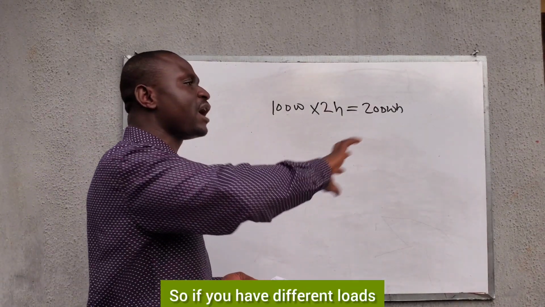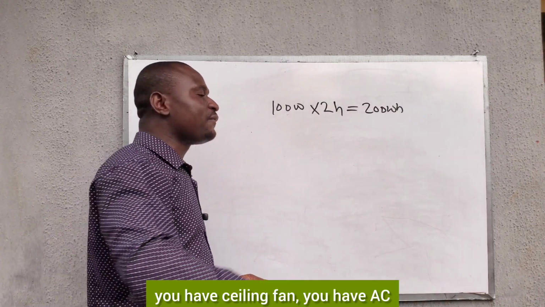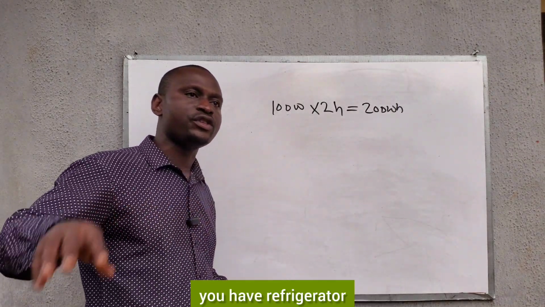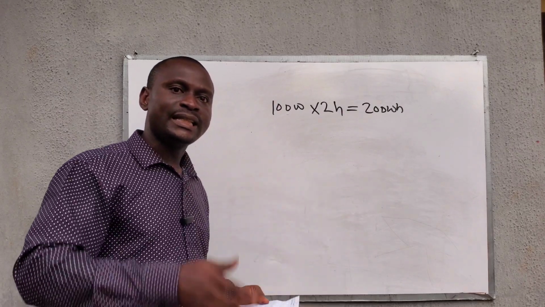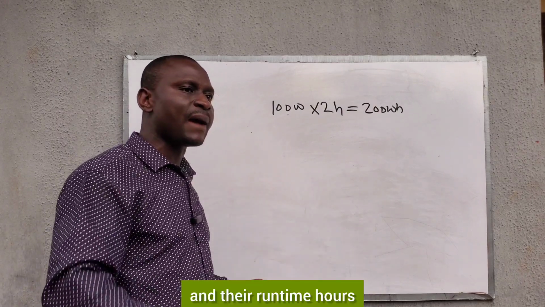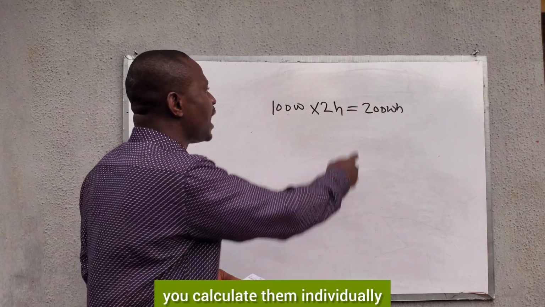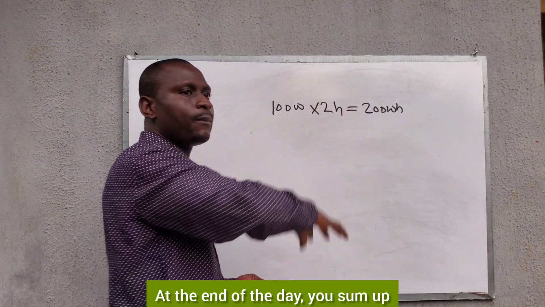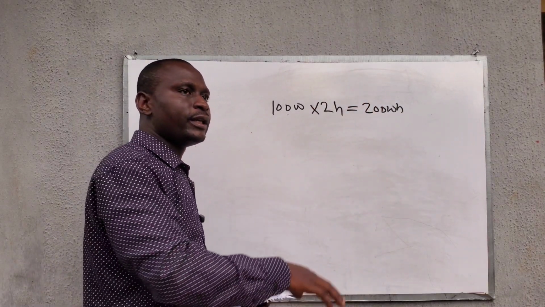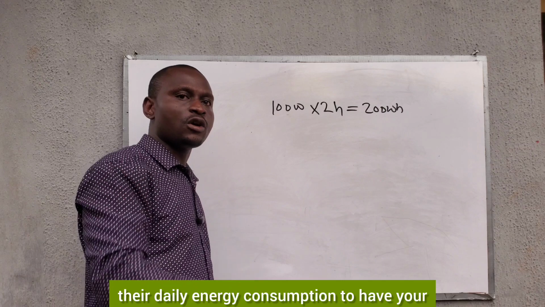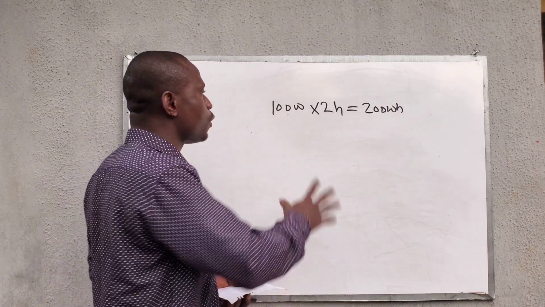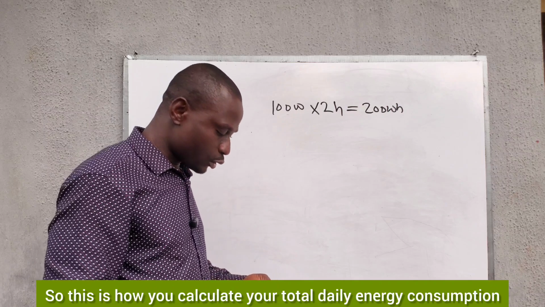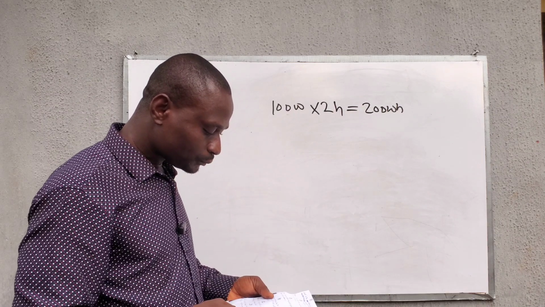If you have different loads, like a ceiling fan, AC, refrigerator, you go to them individually, take their power rating and their runtime hours, and calculate them individually. At the end of the day, you sum up their daily energy consumption to have your total daily energy consumption. So this is how to calculate your total daily energy consumption.